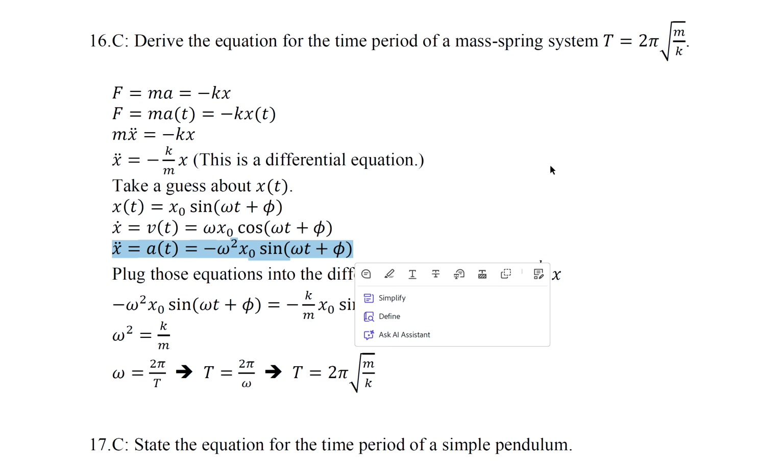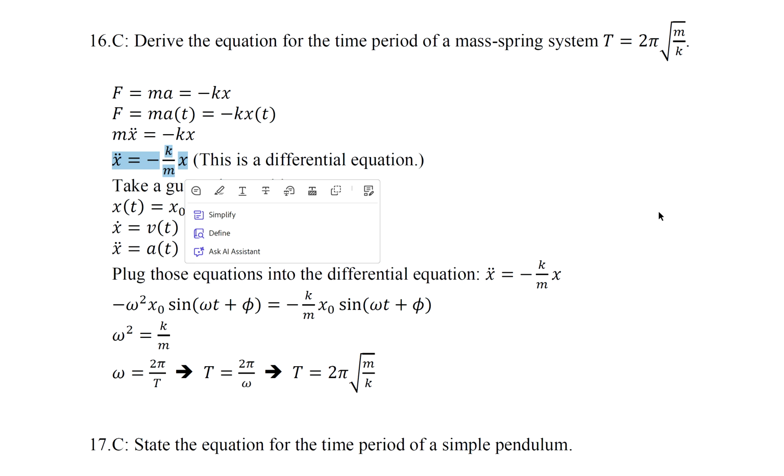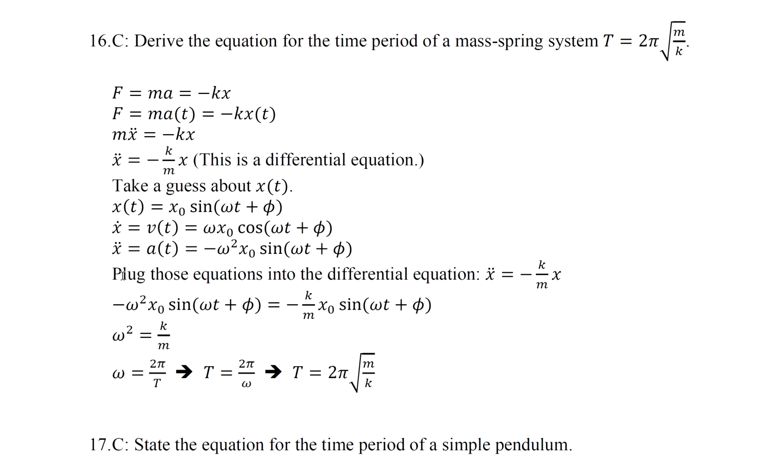So put this on the left-hand side and put this original equation on the right-hand side of this equation and see if the left-hand side equals the right-hand side. So plug those equations into this differential equation. And the left-hand side equals the right-hand side, except omega squared equals k over m.